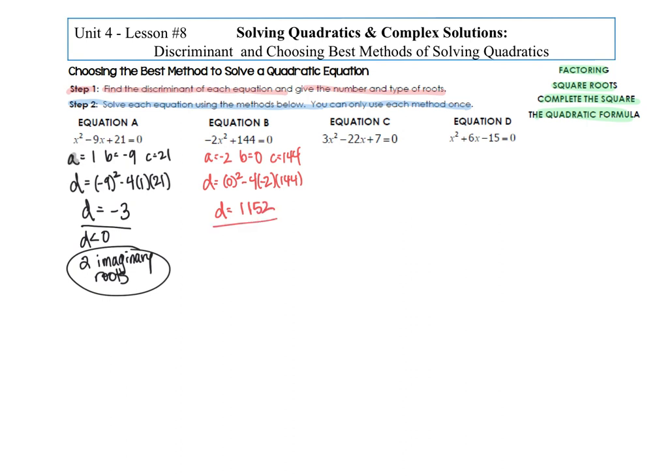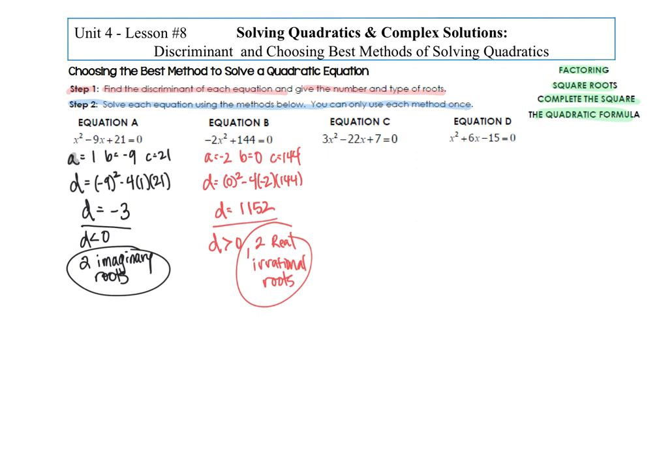This D value is greater than 0, but is it a perfect square? If you take the square root of 1152, you're either going to get a decimal or something with a radical still, depending on your calculator. So this is 2 real but irrational roots. We'll come back to this in a little bit.